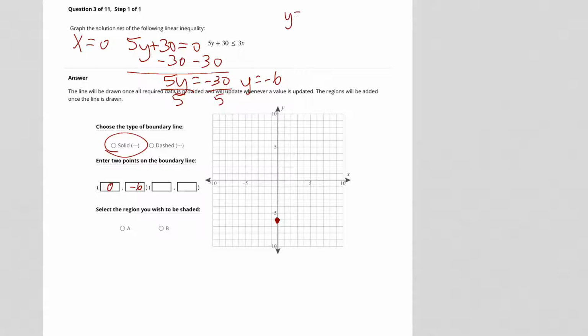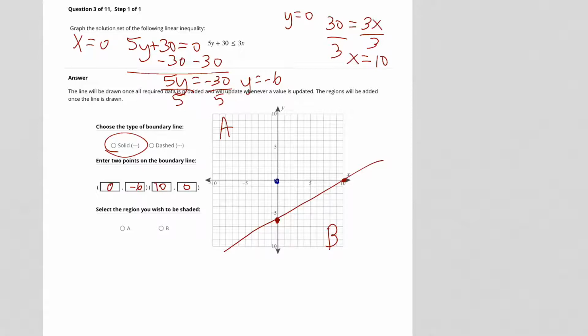Then I'm going to try y equals 0, which gives me 30 equals 3x. Divide by 3, x equals 10. So that point is 10, 0, which is over here. I have a solid line. So there's my line. I'm going to put A up here and B down here for my regions.